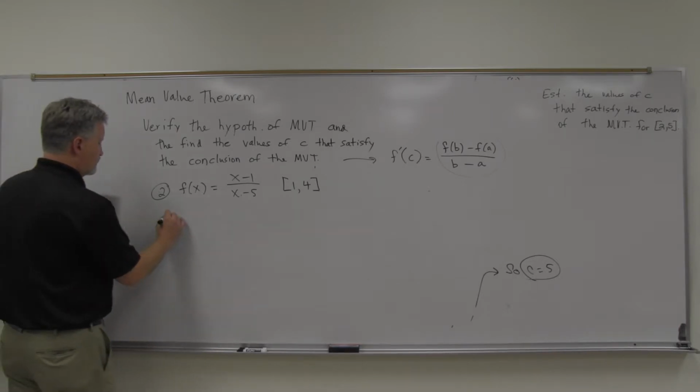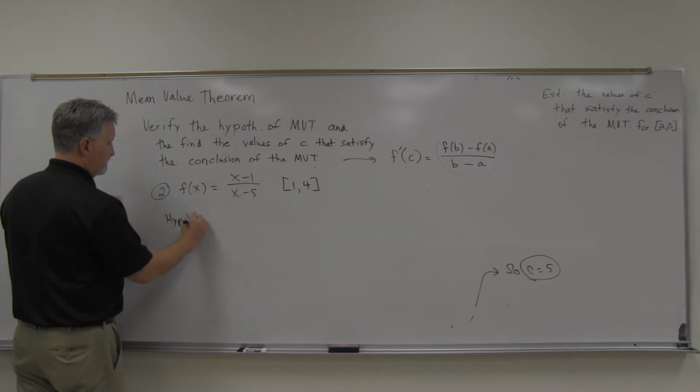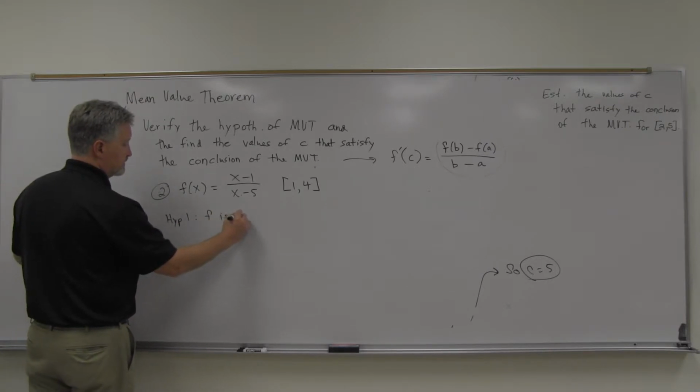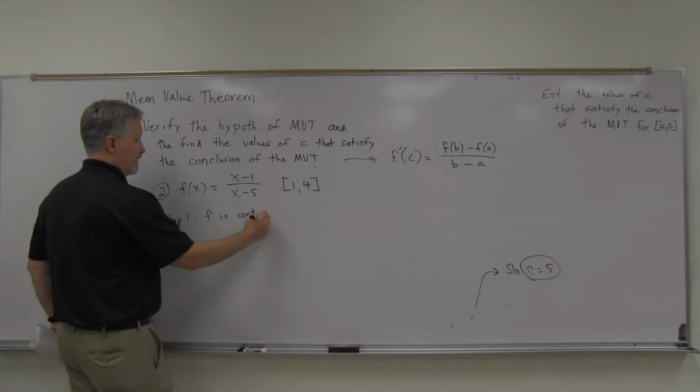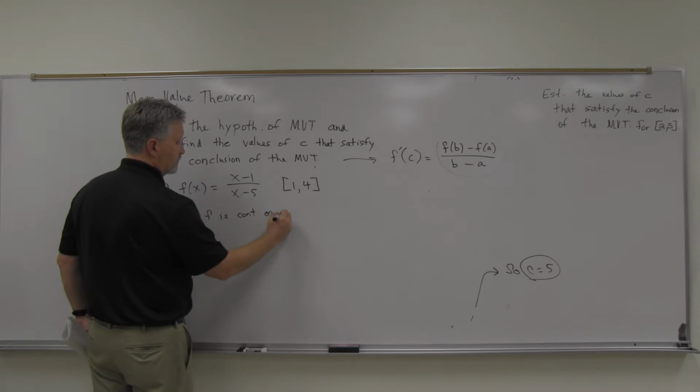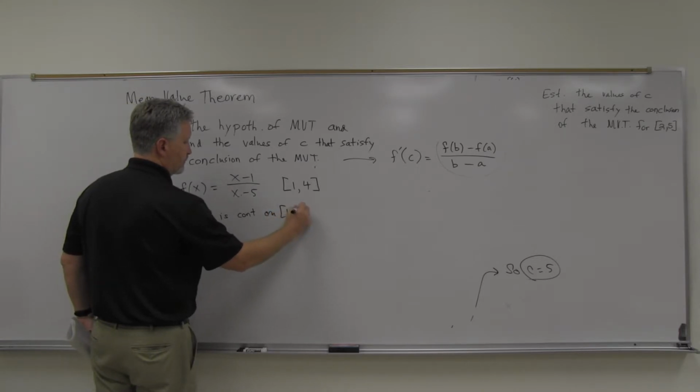All right, so hypothesis 1 is f is continuous on [a, b], so [1, 4].